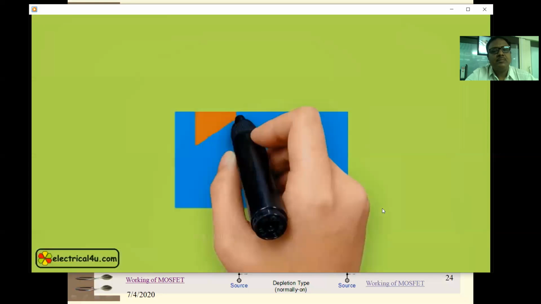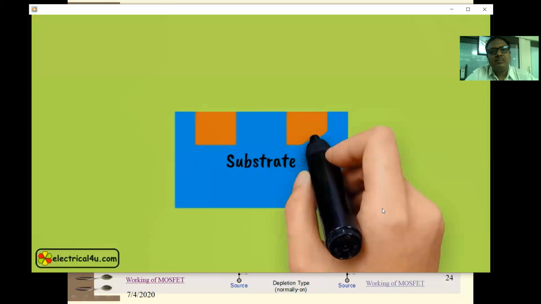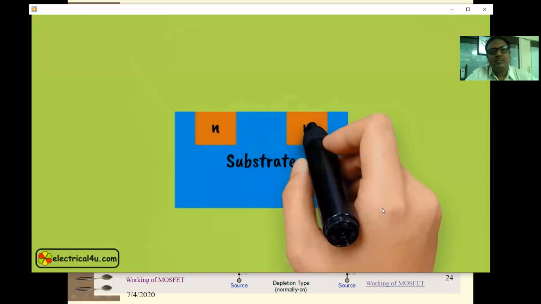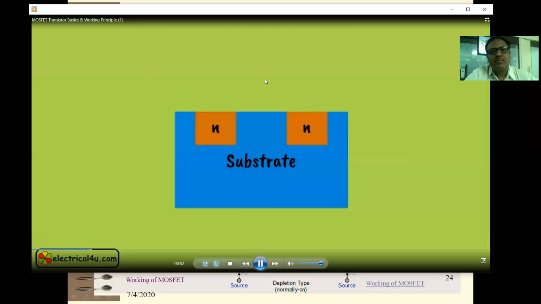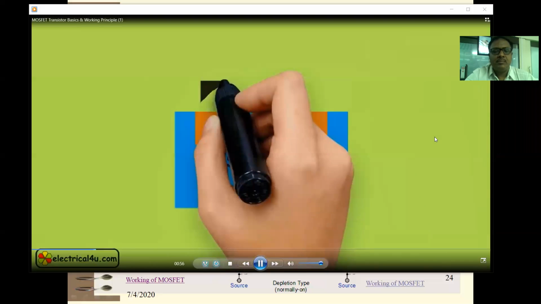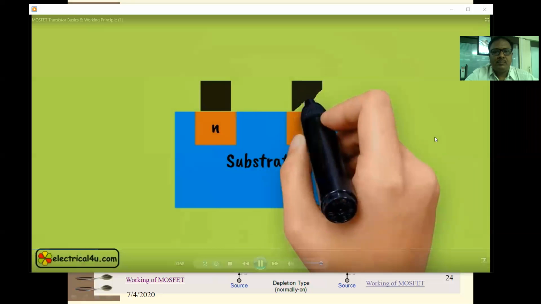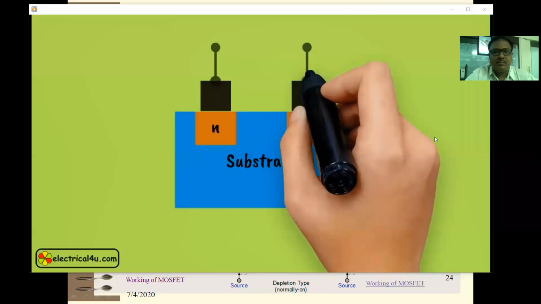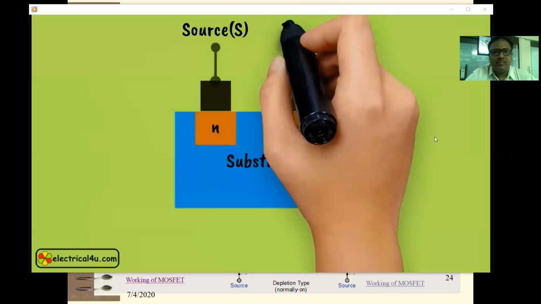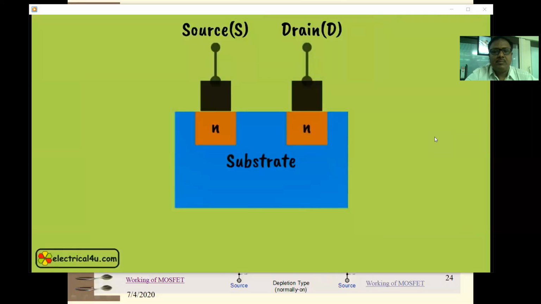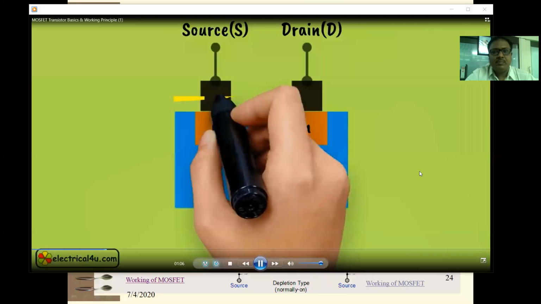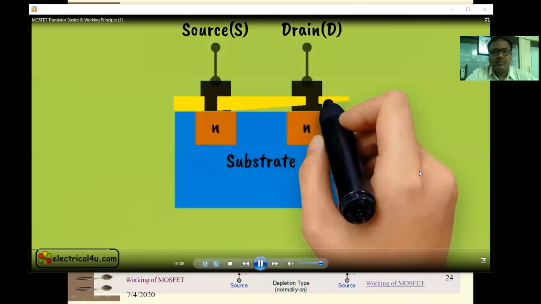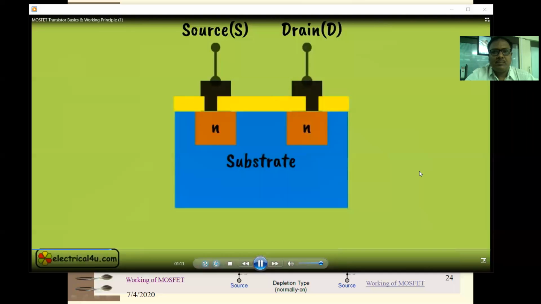Now, two portions on the same side of this P-type substrate are made highly doped with N-type impurity, as these are shown here in the figure. Source and drain terminals are brought out from these two N regions as shown. Now, the entire surface of the substrate is coated with a layer of silicon dioxide.